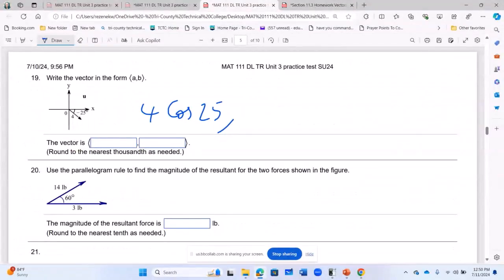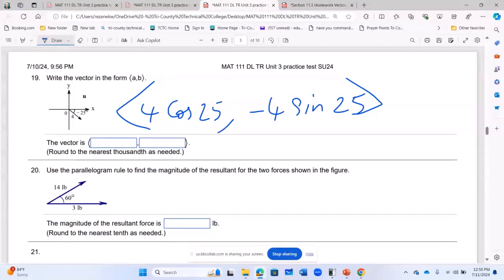Degrees, minus 4 sine of 25 degrees. I see that because this reference angle is 25 degrees. But you see, I did not put a negative here because cosine is an even function, sine is an odd function. So this is the trigonometric form of that vector.